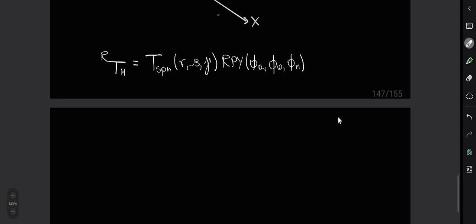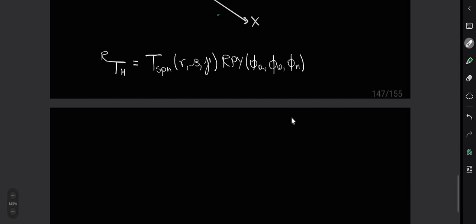So the inverse kinematic solution for RPY is more complicated than the spherical coordinates, because here there are three coupled angles, phi A, phi O, and phi N, where we need to have information about the sines and cosines for the three angles individually to solve for the angles.